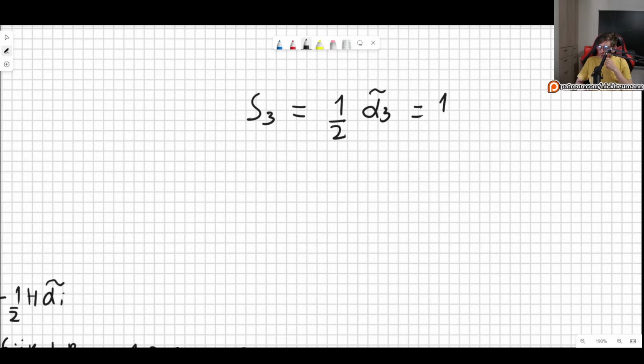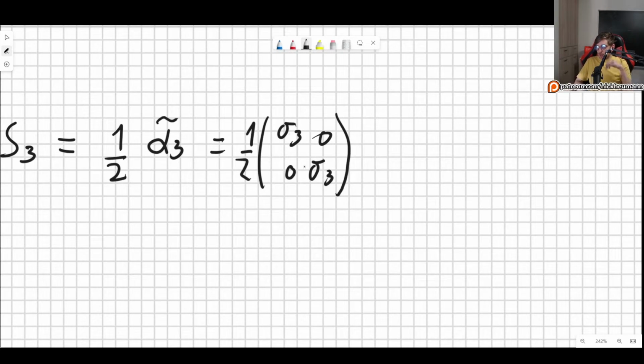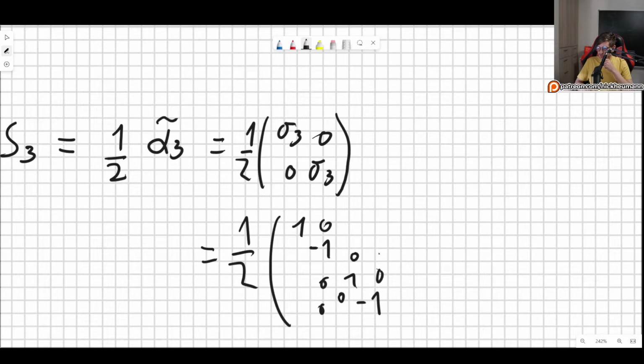So this is 1/2 sigma 3, 0, 0, sigma 3. What are the eigenvalues of this operator? Well, the eigenvalues are going to be the eigenvalues of this matrix. Plugging in what sigma 3 is, it is 1, -1, 1, -1, and a bunch of zeros.